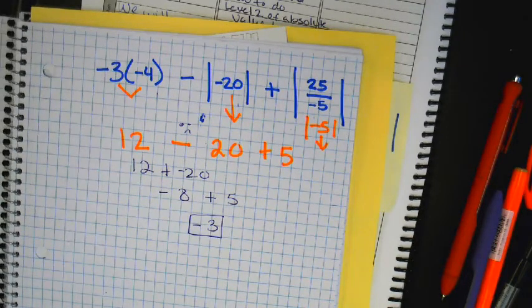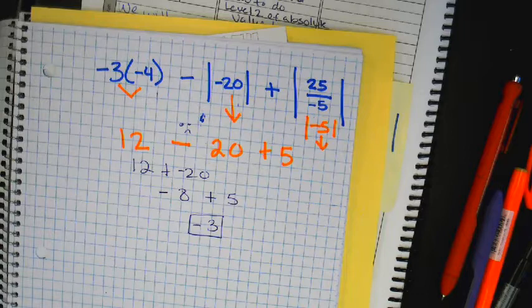But the reason is I'm testing you on multiplying and dividing negative numbers, absolute value, subtraction, and addition. I'm literally testing you on everything I've taught you for the last 2.5 weeks, all in one problem. I like it. Can you do it? I don't like it.